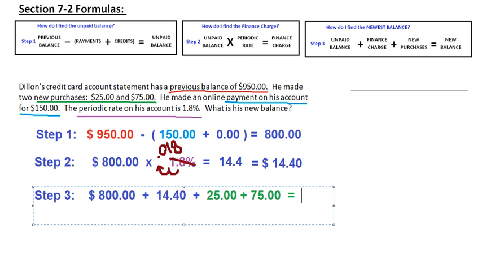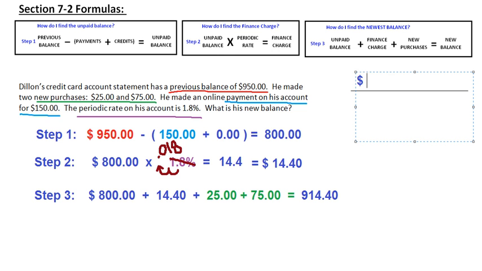And when you do the math, what you get is $914.40. And that is our new balance, folks. Once again, you show your work, just like we do for all our problems, and then you write the correct answer on the line above.